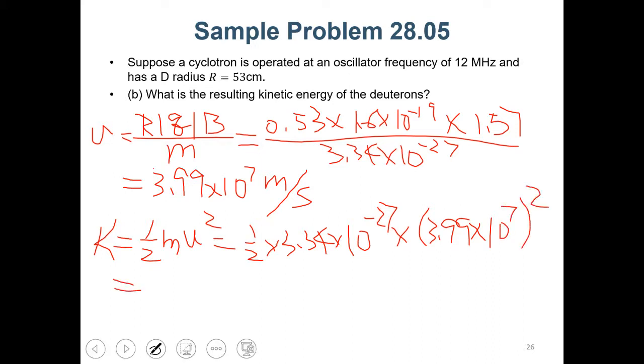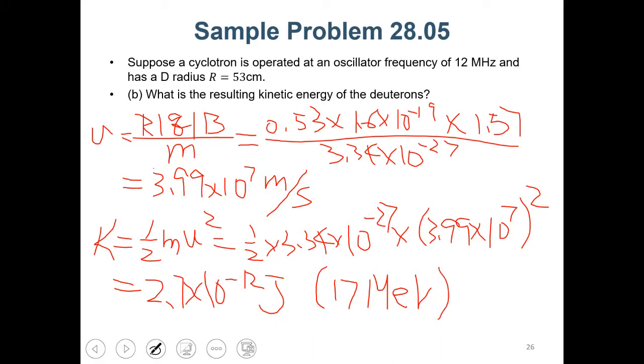So it is 2.7 times 10 to the minus 12 joule, and then you divide it by 1.6 times 10 to the minus 19, it will become 17 mega eV. So this is what we mentioned for the cyclotron, which is smaller than 50 mega eV.